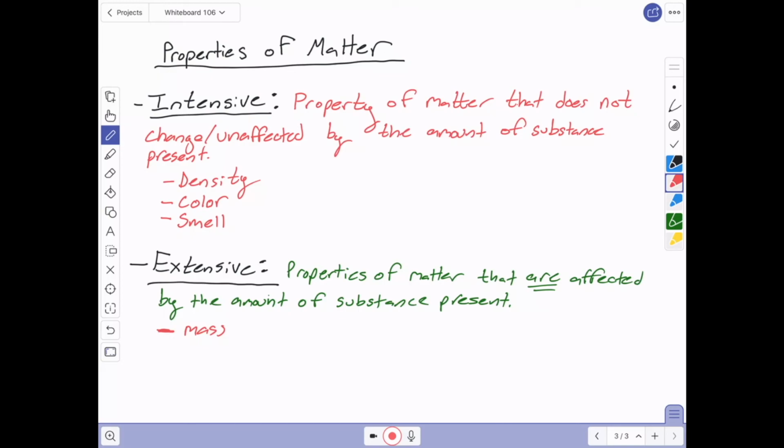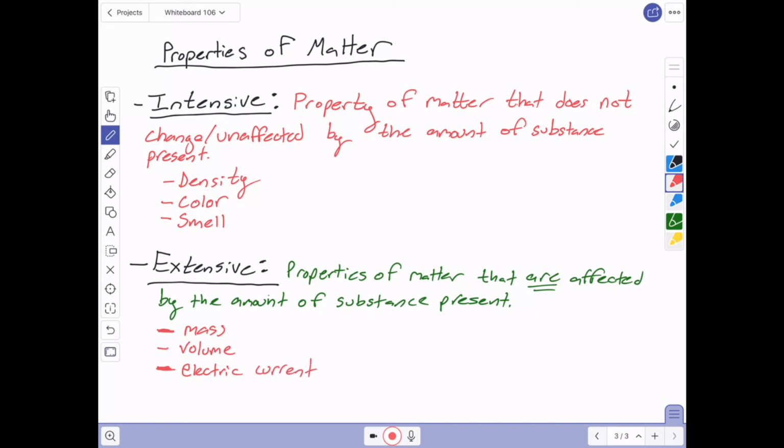The more substance you have, the more mass it's going to have, right? That is an extensive property. I mean, these are the simple ones. Volume, and one property is called electrical current. That's how much electricity can run through something.